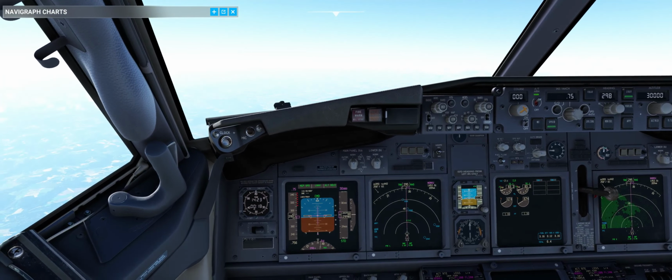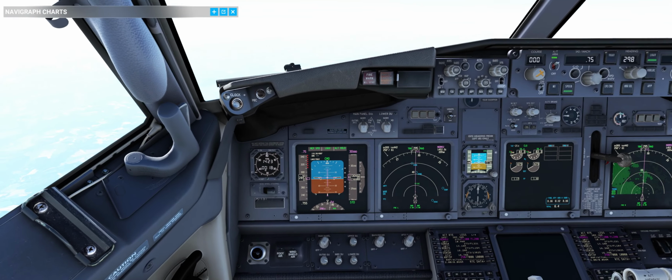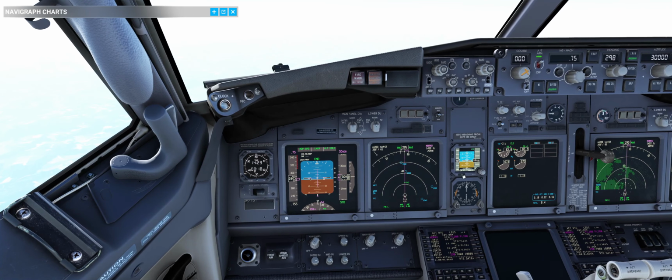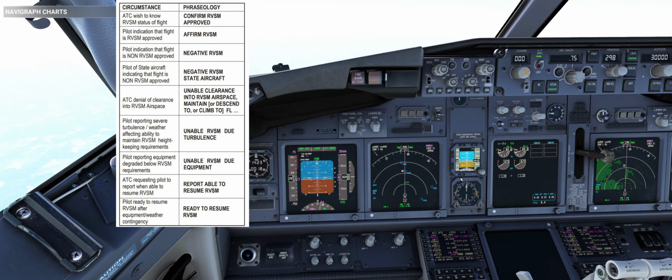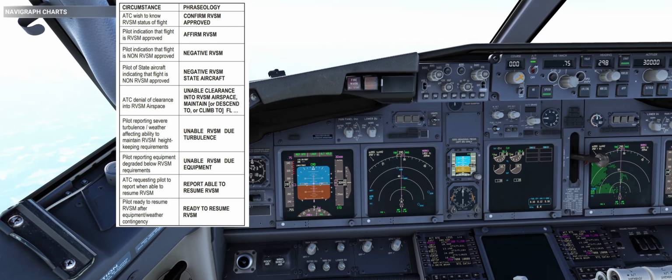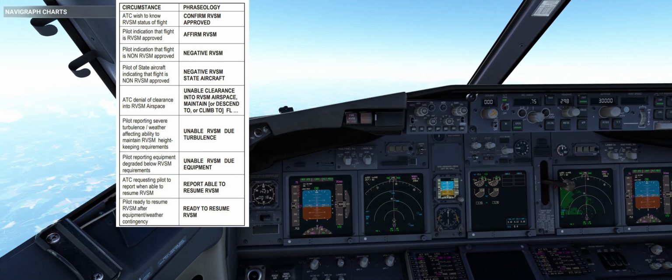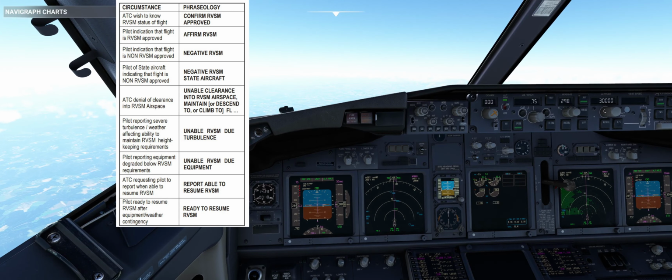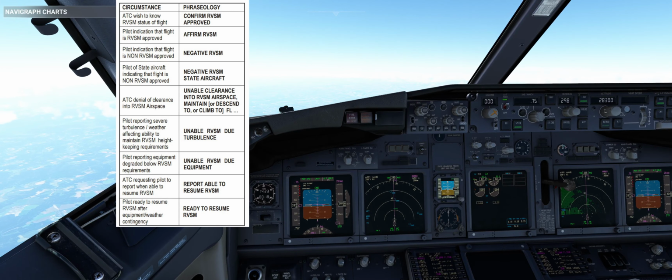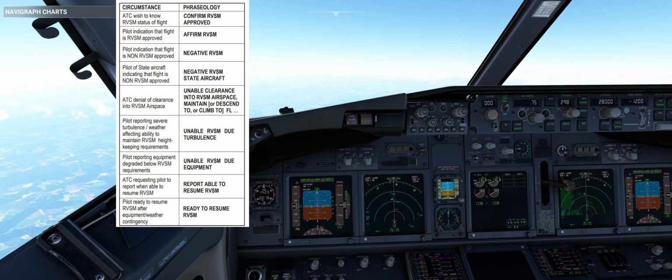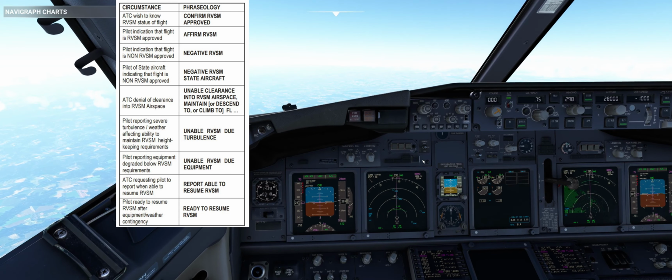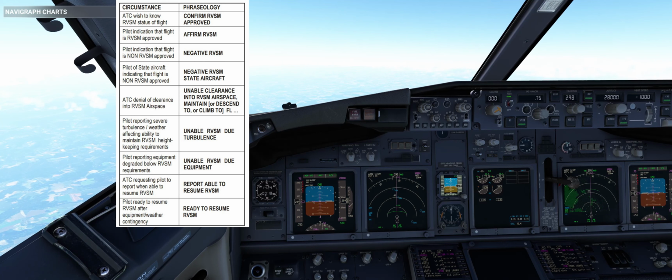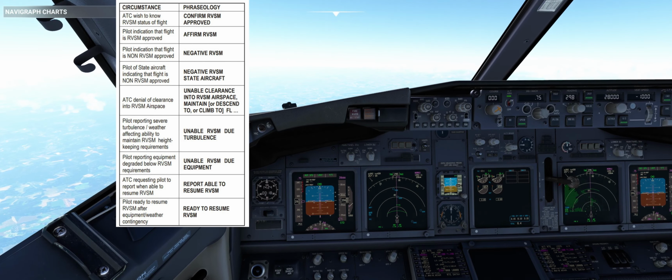So we need to check the phraseology, as you can see on the picture, and within the phraseology we need to say "unable RVSM", and that means for the air traffic controller that you should descend to flight level 280. Okay, so again, press the vertical speed and we are descending to flight level 280.